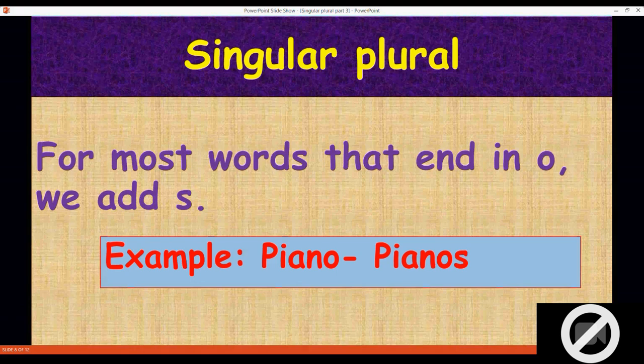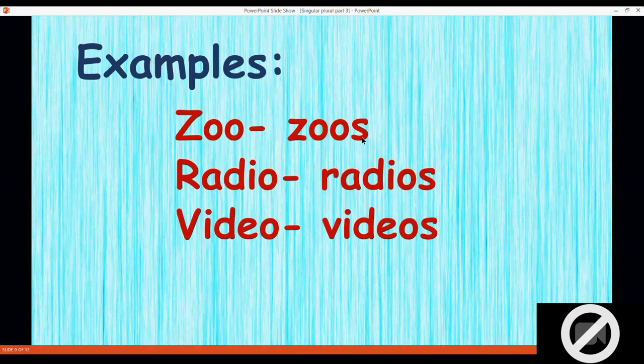Now I will call Manasa. Manasa, read the second example. Radio.